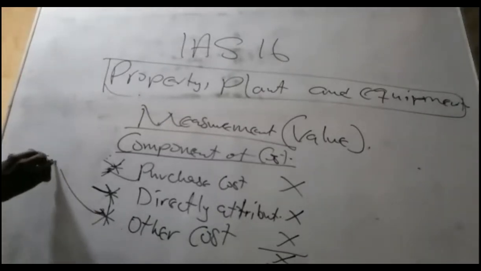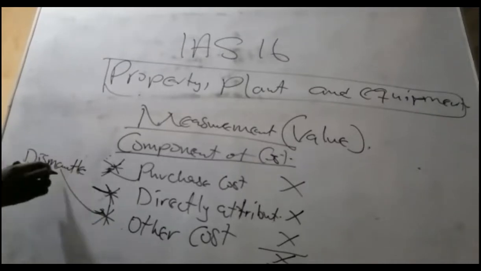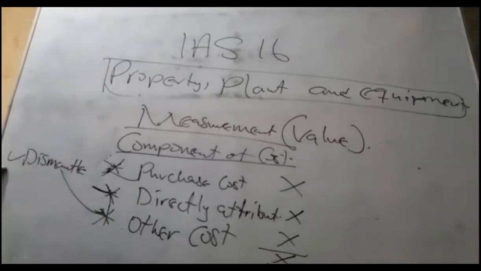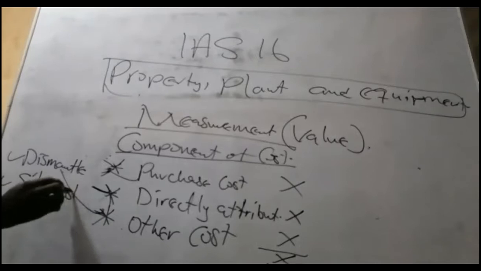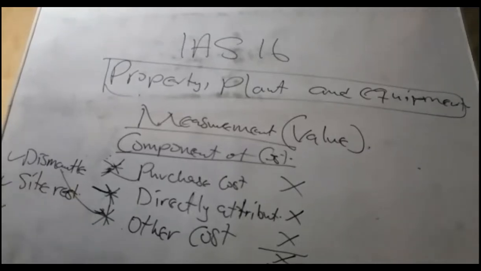Dismantle cost. And then after we dismantle the item from the site, you have to restore the site. We call it site restoration cost. Then sometimes you create some pollution or you've contaminated the environment or the atmosphere. So the law will compel you to rectify it. They call it decontamination cost.